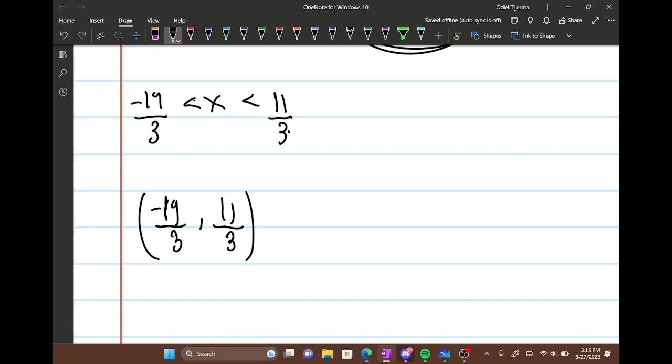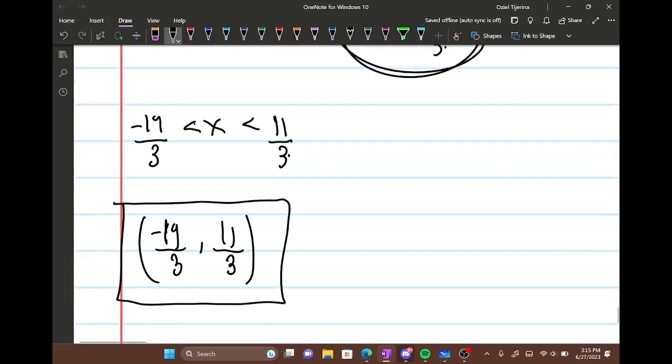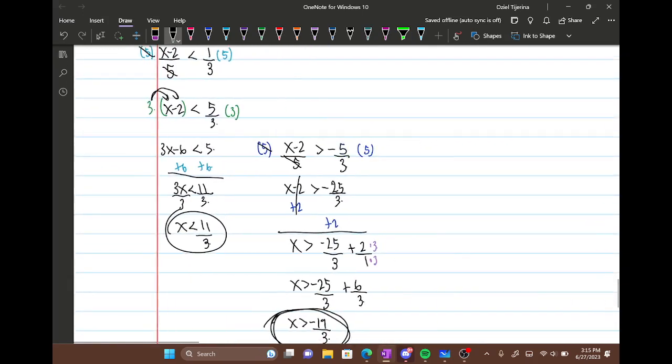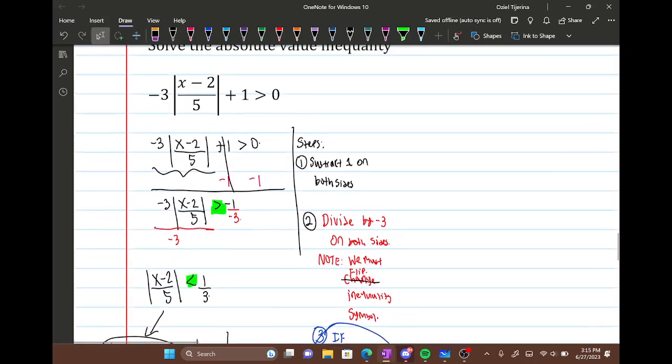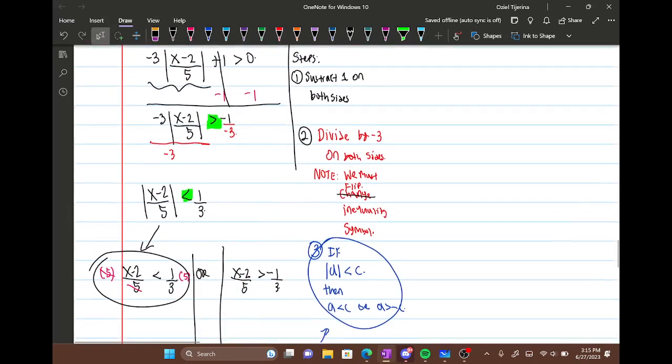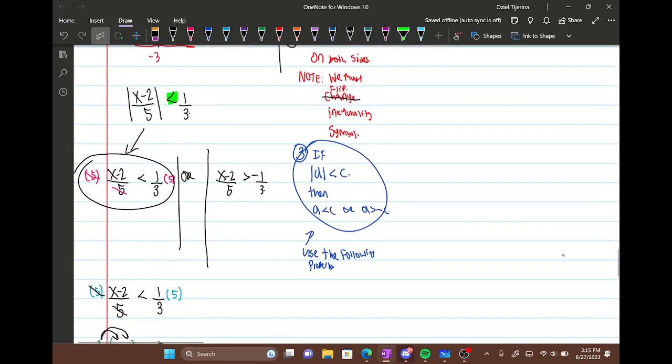We have to understand how intervals work in order to do this. If you have questions about that, that is a whole other topic. But this is the main idea of absolute value inequalities: you just use this primary rule, and you have to remember that rule.